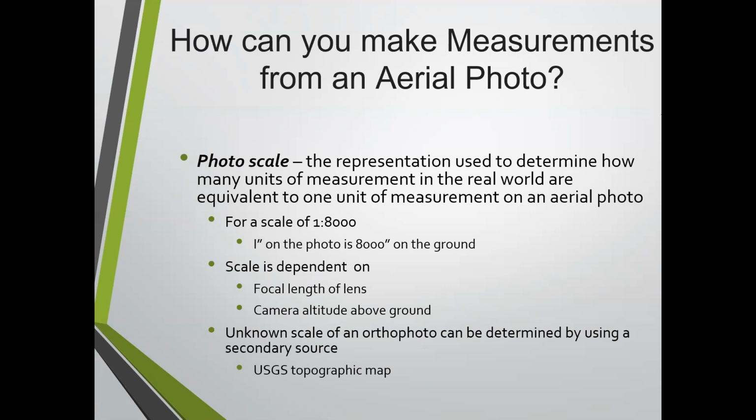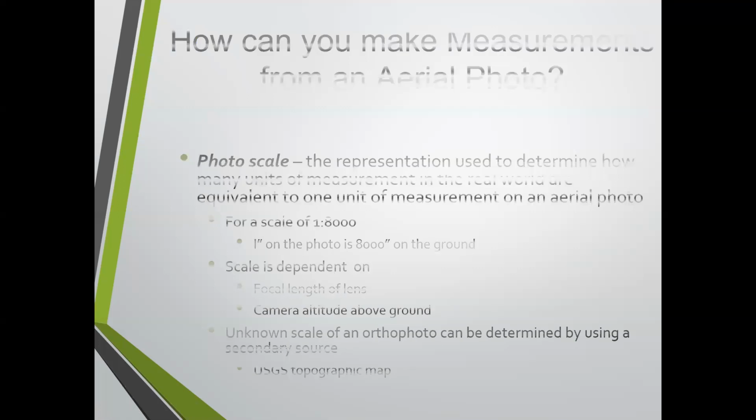If you had a USGS topographic map, we could use it as a secondary source to determine a representative fraction. The other thing you could do is, if you had two intersections visible in the photograph and you knew that distance because maybe you had shot them with your EDM, you could use that as well.